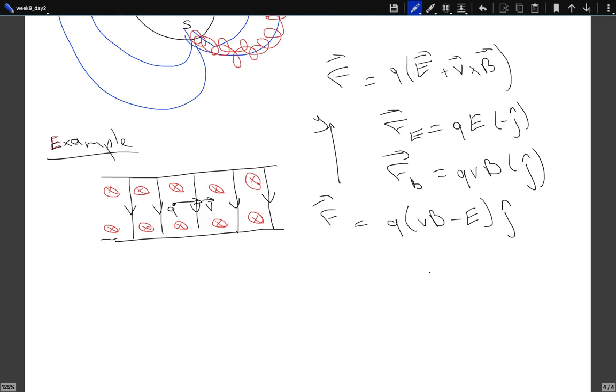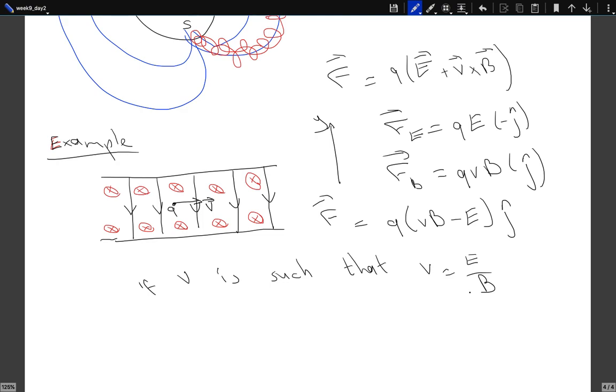If you prepare the setup, you choose some particular E, some particular B. But when you send some particles through the system, usually those particles will have different speeds. And if the speed of the particle is such that v is equal to E over B, the force will be 0.